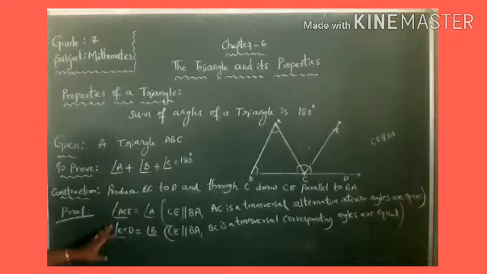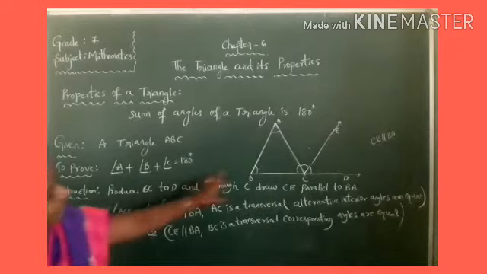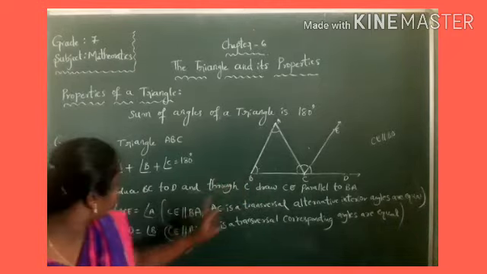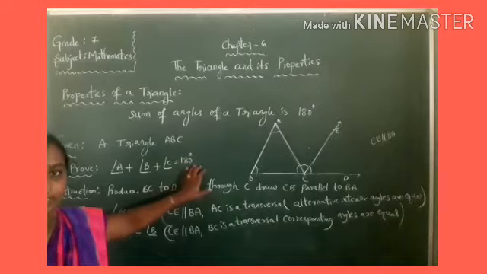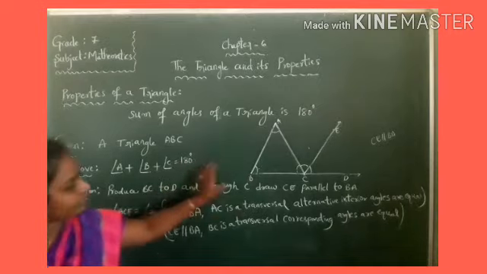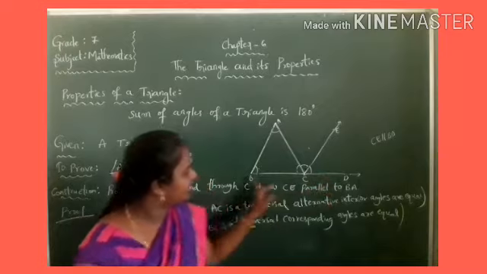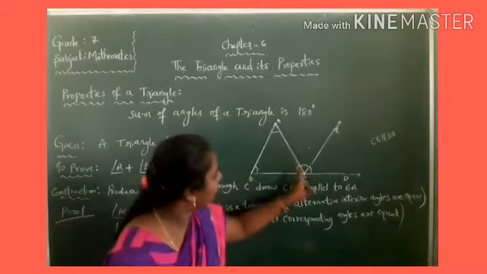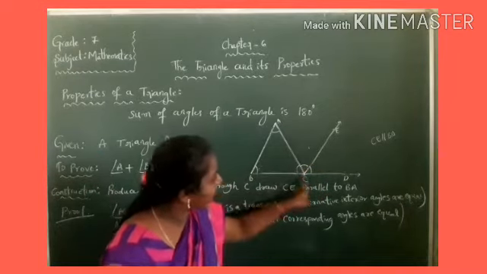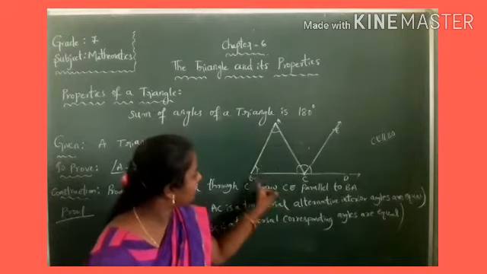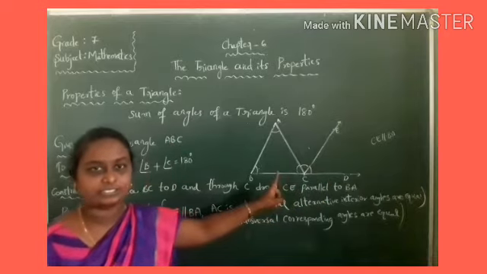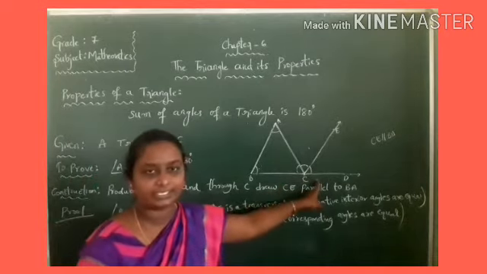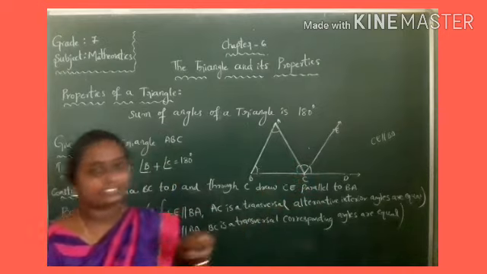Observe in this figure. We have to show three angles equal to 180 degrees. Next see BCD. BCD is a straight line. In a straight line, how many degrees? 180 degrees.